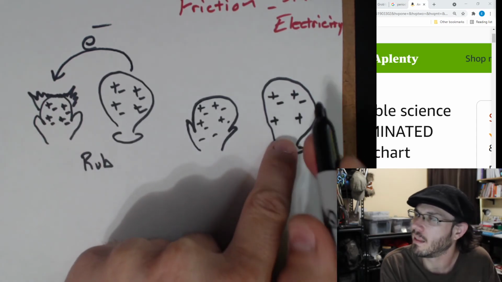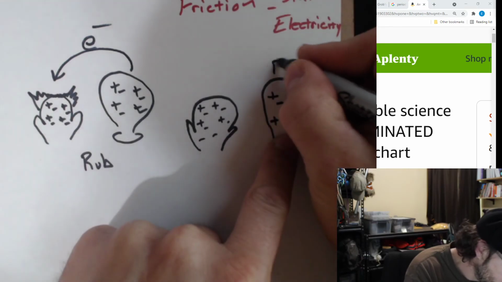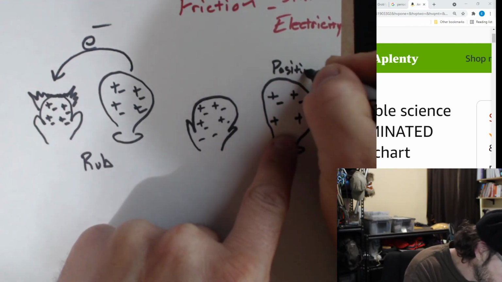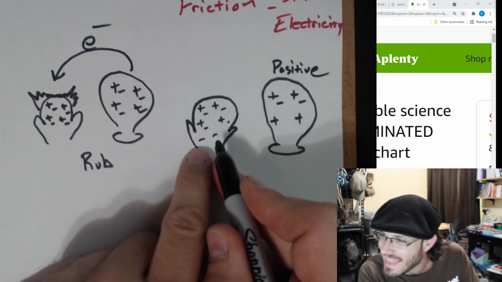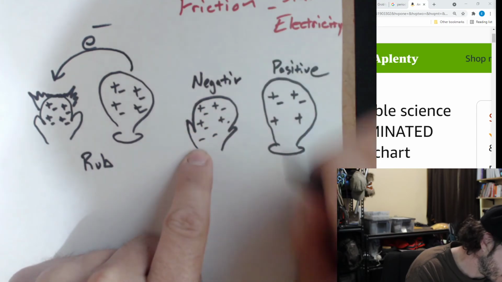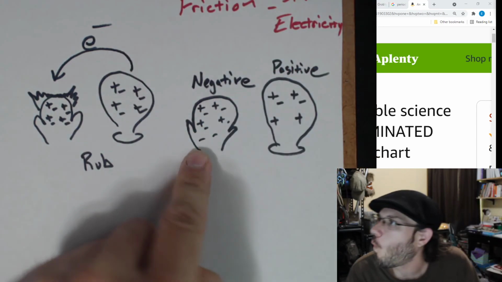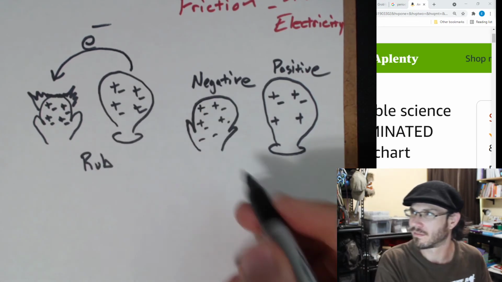What just happened? I lost electrons. This became more what? Say it in chat. And this became what? Say that in chat. And what do positives and negatives like to do to each other?